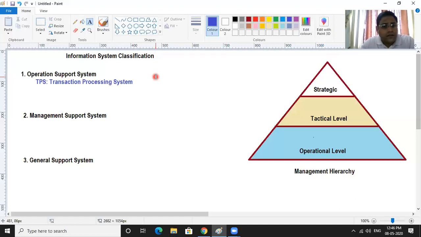TPS, this transaction processing system, is used where the same thing is going to happen at regular intervals. Faculties or employees go to their office or university each and every day.